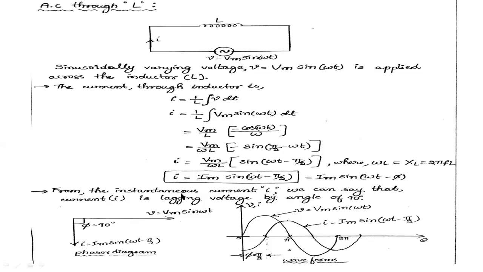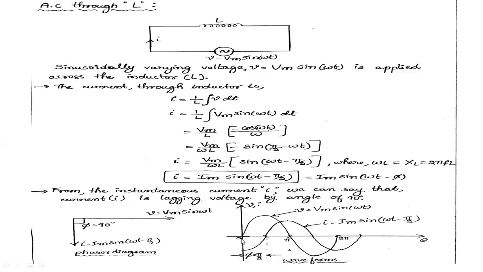Now I am going to draw the phasor diagram. This is the voltage, V equals Vm sin omega t. The current I equals Im sin omega t minus pi by 2 for a pure inductor, so the phase angle is 90 degrees.